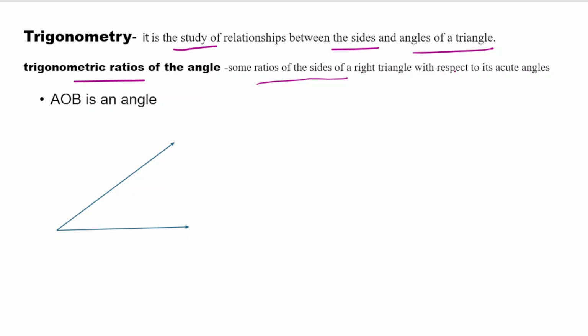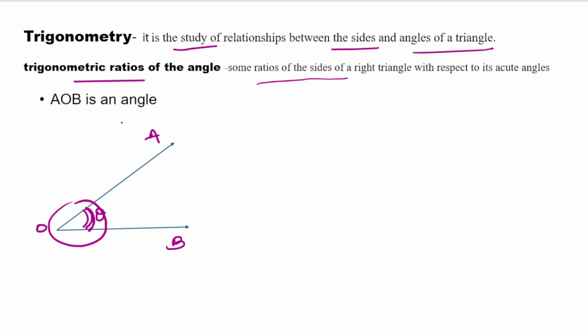is considered. Okay, we have an angle AOB, where angle O, let it be theta. This is your acute angle. So what are we doing? With respect to this acute angle, we are going to take some measurements of a right angle triangle.